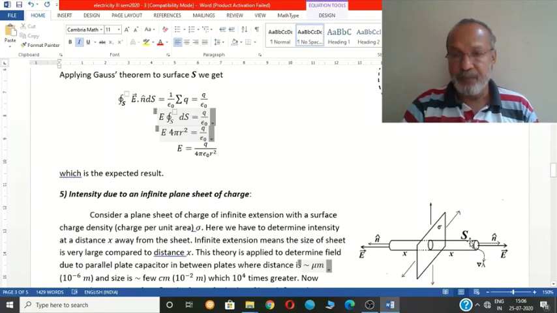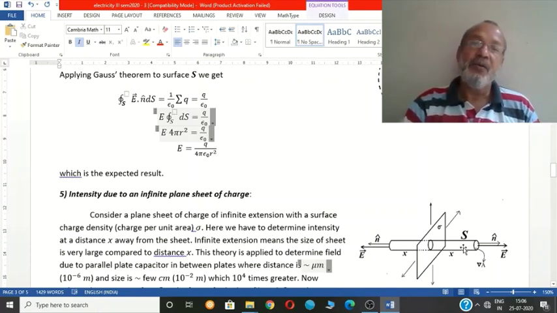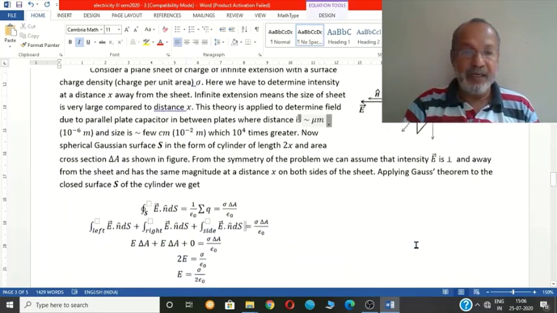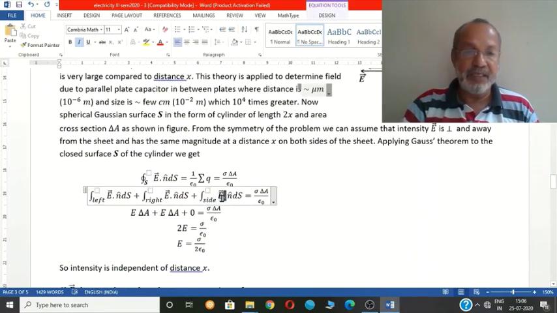For example, if we take a small area dS on the top side, then n cap will be in the upward direction, E is in the horizontal direction, and the angle between them is 90 degrees. So E dot n will be 0. So the integral over the side surface is 0.